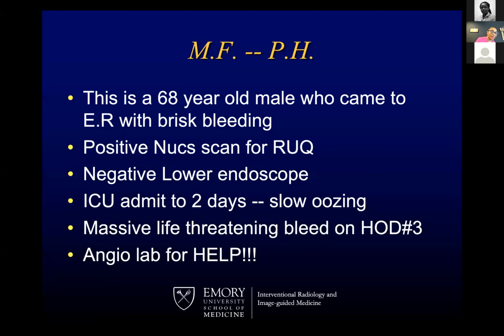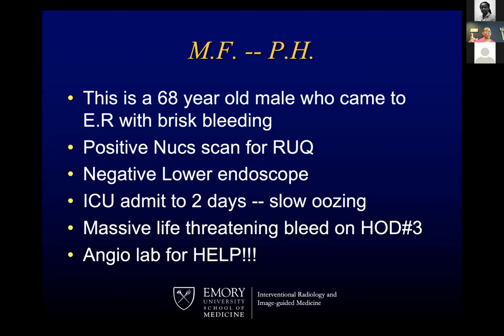So just look at this other case of the 68-year-old male who came to the ER with brisk bleeding, bright red blood per rectum, and everyone says, I need to exclude a very fast upper GI bleed. The patient had a positive nuclear medicine scan somewhere in the right upper quadrant. So if you're thinking, okay, what blood supply could that be?